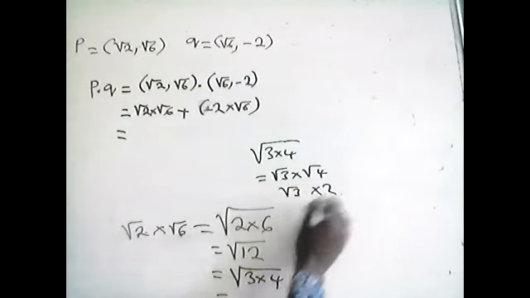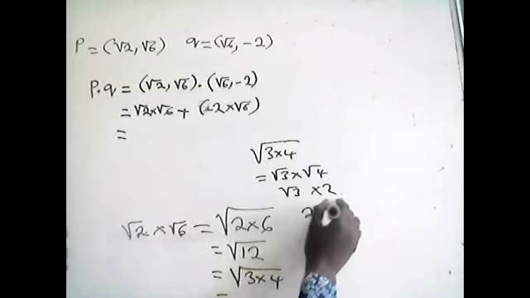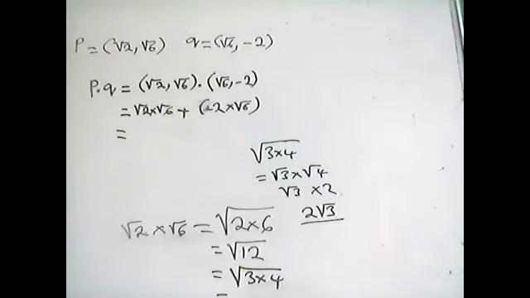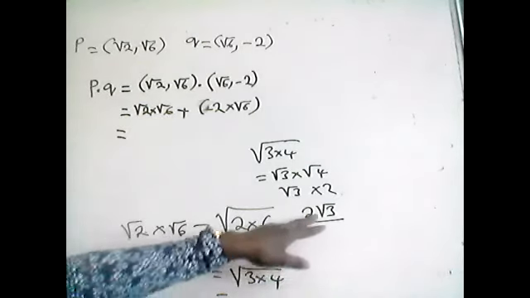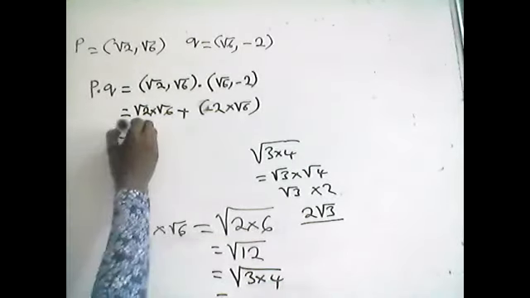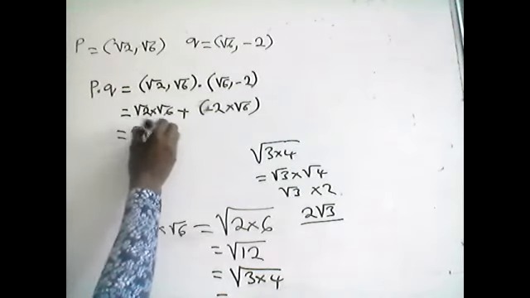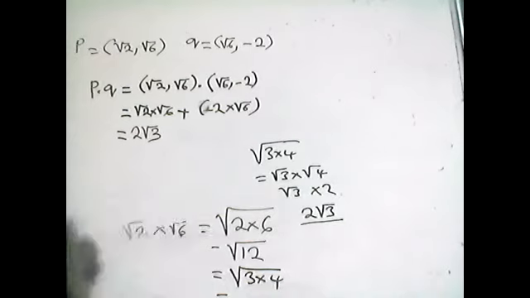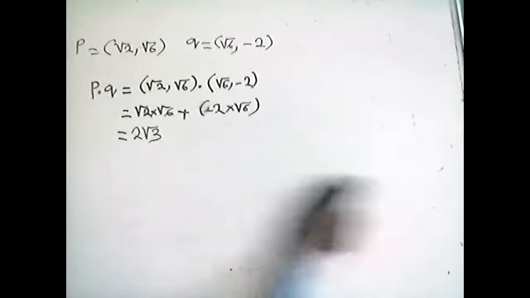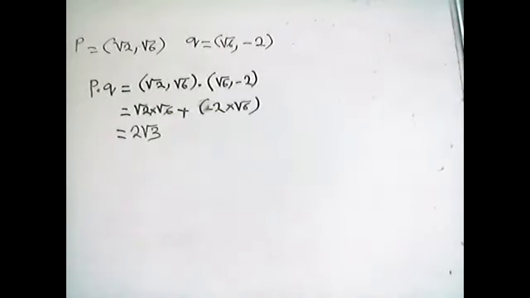So times 2, which is the same as just 2√3. So now this part here, 2 times √6, the answer is just 2√3. So this is 2√3. I wrap this piece here. I move to the next part.